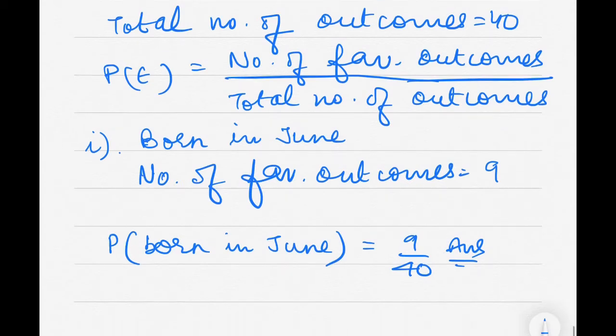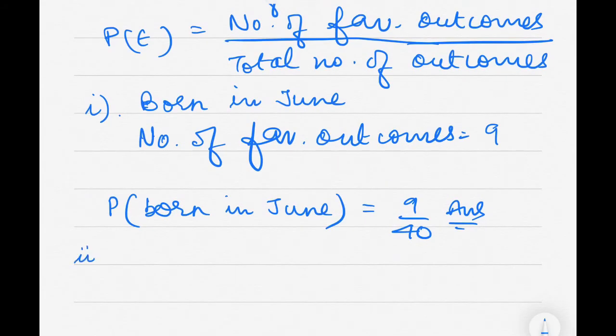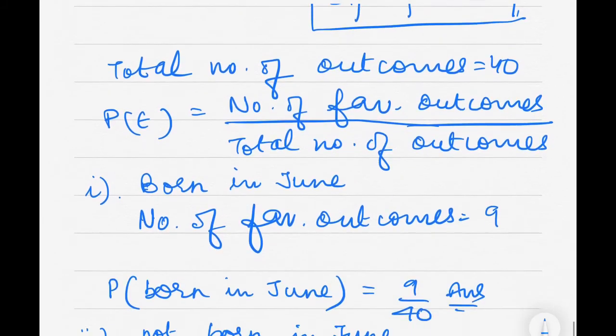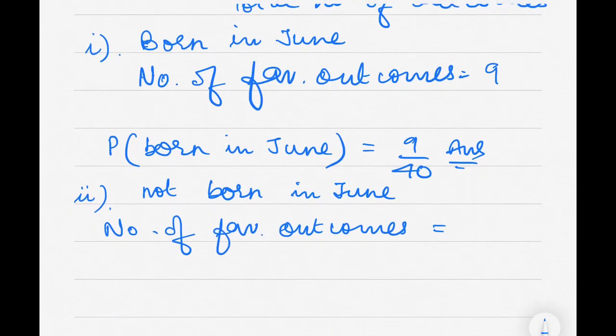Now let's move to the second part. The second part says not born in June. So I would say a student was not born in June. Here again, the number of favorable outcomes, or I can also write it as the number of students who are not born in June. Born in June are 9, total are 40, so 40 minus 9, right?